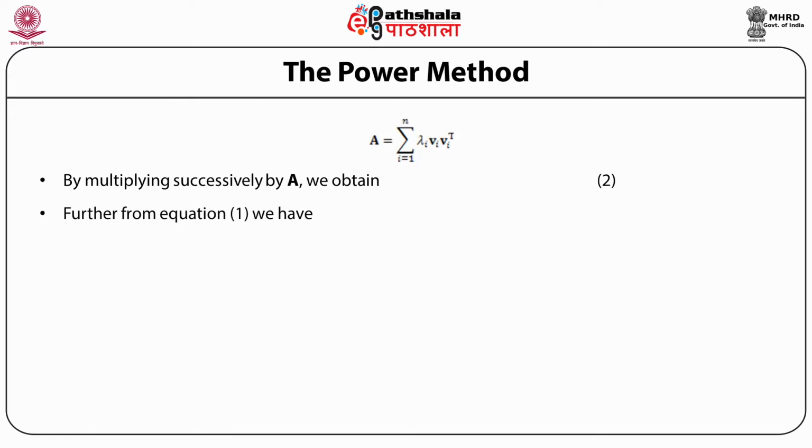Now further, we have xn = A x(n-1) = A^n x0.